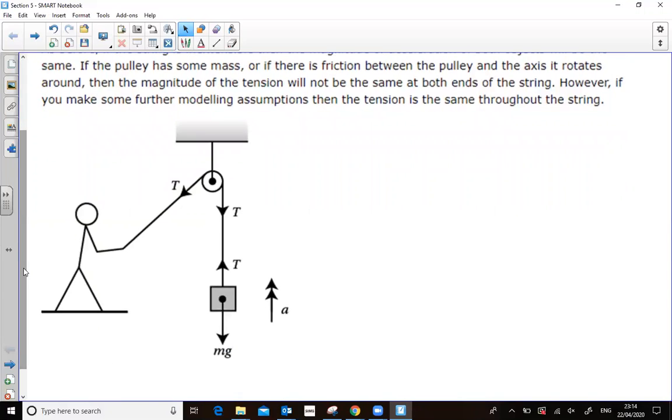So let's have a look at an example for pulley. Here we have a pulley hanging from the ceiling, and the man is pulling the string over the pulley. On the other end of the string, there is a box with some weight. The man is pulling the rope with a tension, and the tension will pull the box upwards with an acceleration.